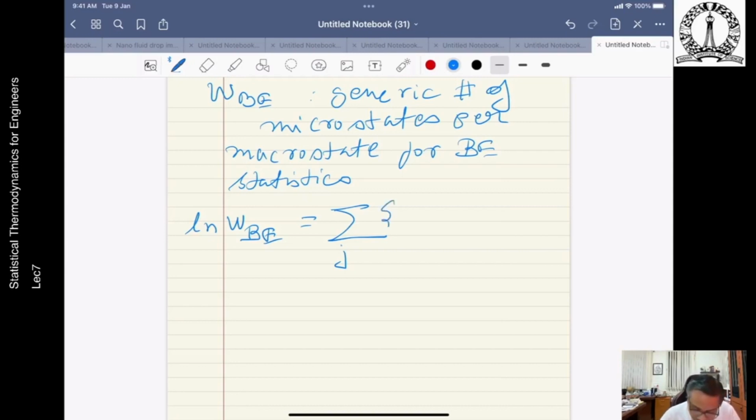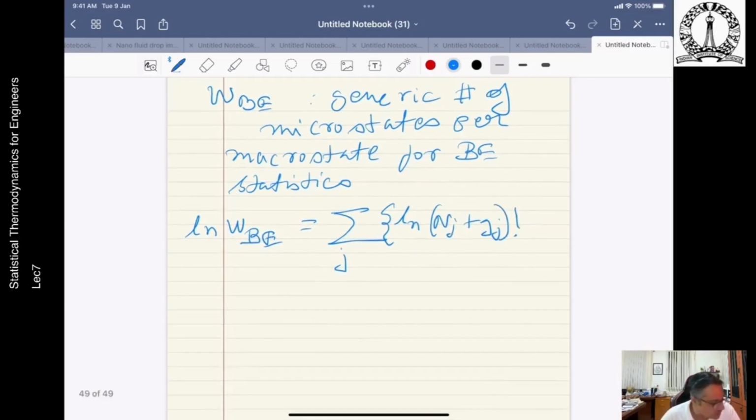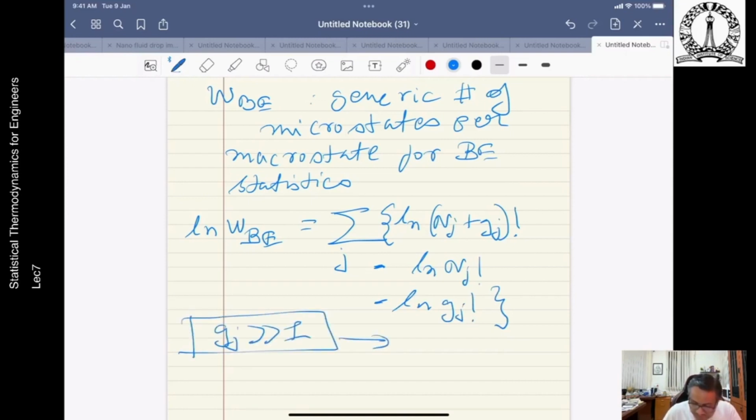So this becomes the sum of ln (Nj plus Gj) factorial, all within brackets, by the way, minus ln Nj factorial minus ln Gj factorial. Gj is much greater than 1 because we said that degeneracy is usually a large number to begin with.